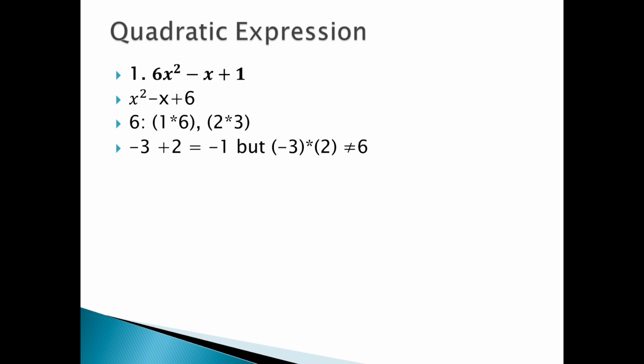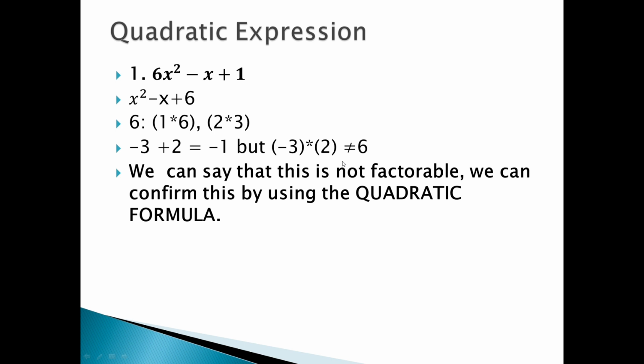But if we multiply negative 3 and 2, it is not equal to the constant term, which is 6. It becomes negative 6. So we can say that this cannot be the factors of x squared minus x plus 6, so this is not factorable. We can confirm this by using the quadratic formula, which we will learn later. So we will go back to this item later on.